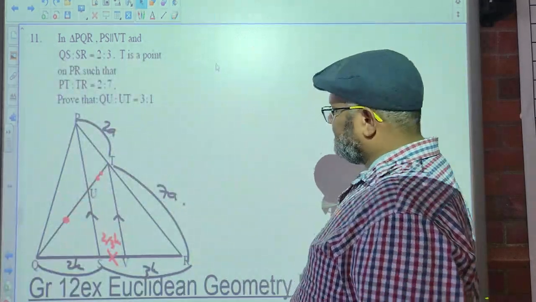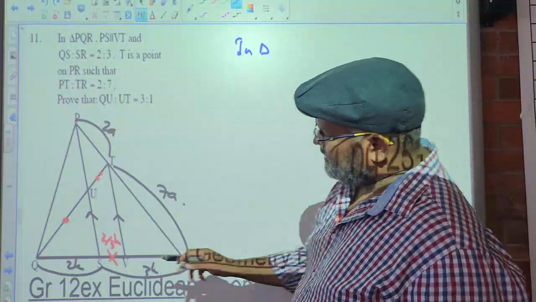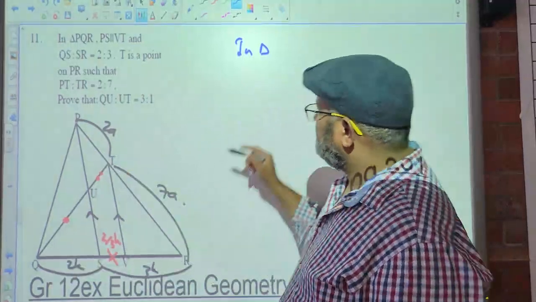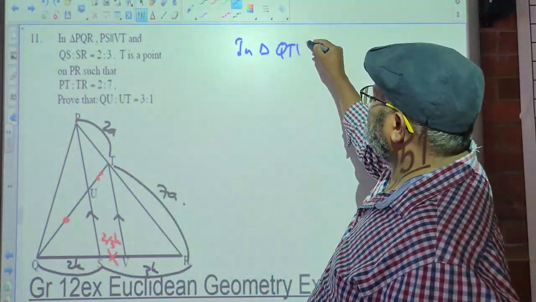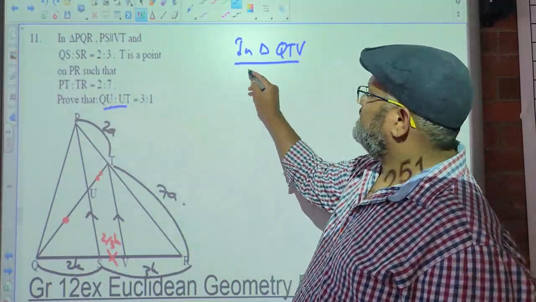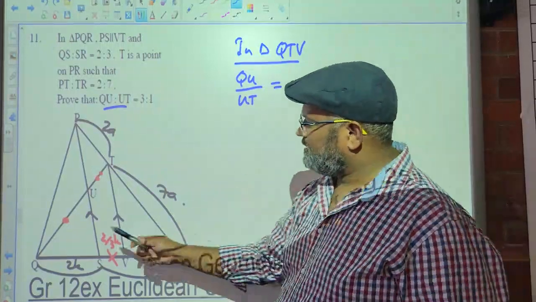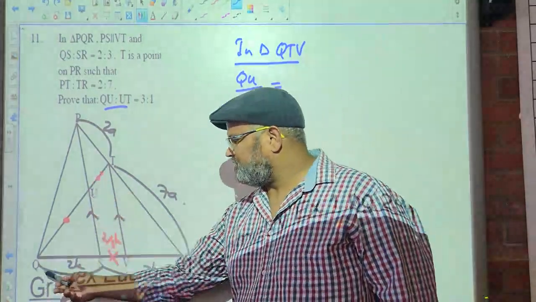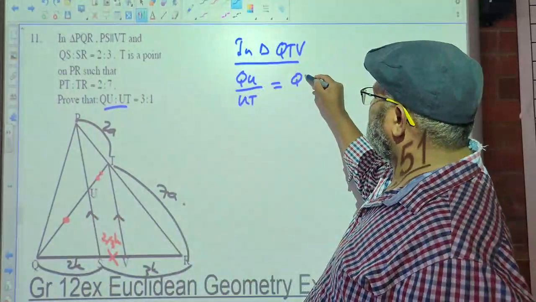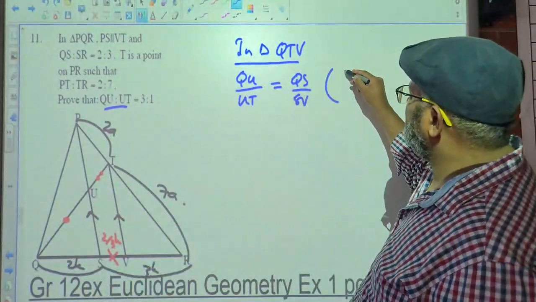I say in triangle QTV, what can I say? What I want is QU over UT. QU over UT is equal to QS over SV. Why?